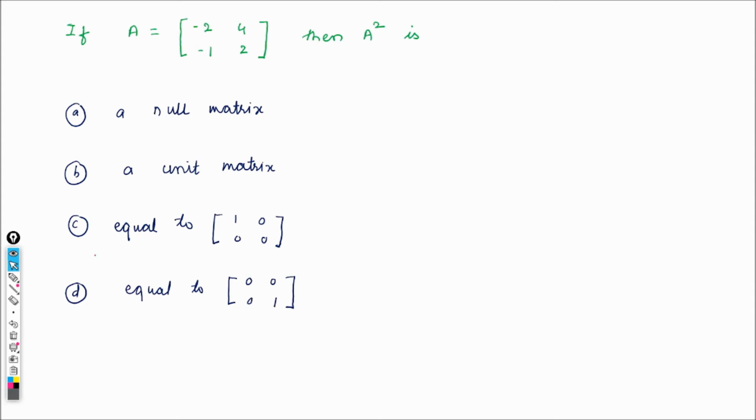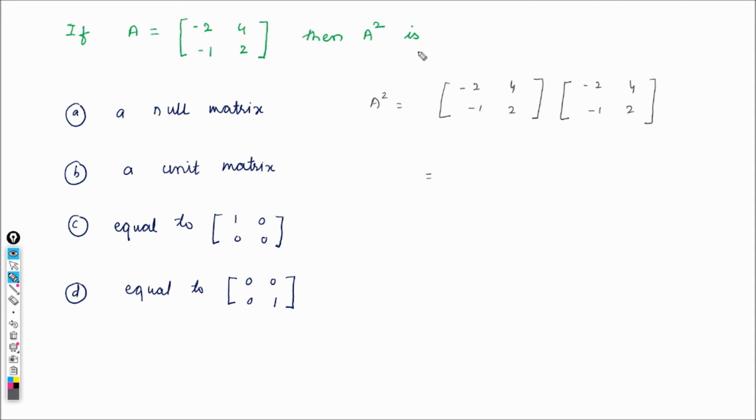So let us see this here. One more question. What is the A matrix? Minus 2, 4, minus 1, 2, A square. Here, minus 2, 4, minus 1.